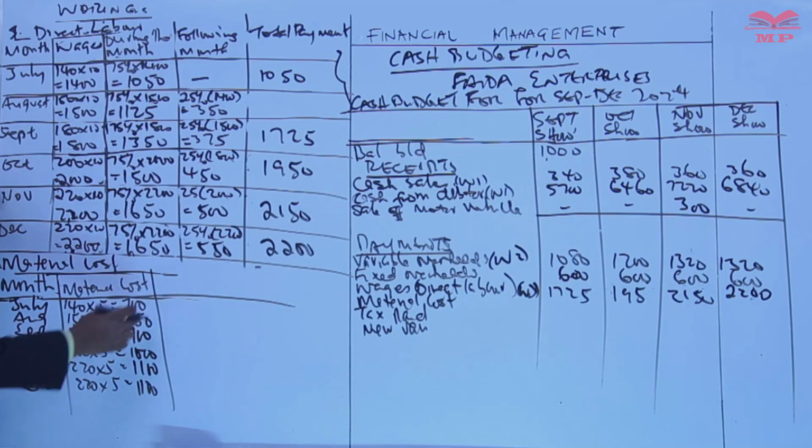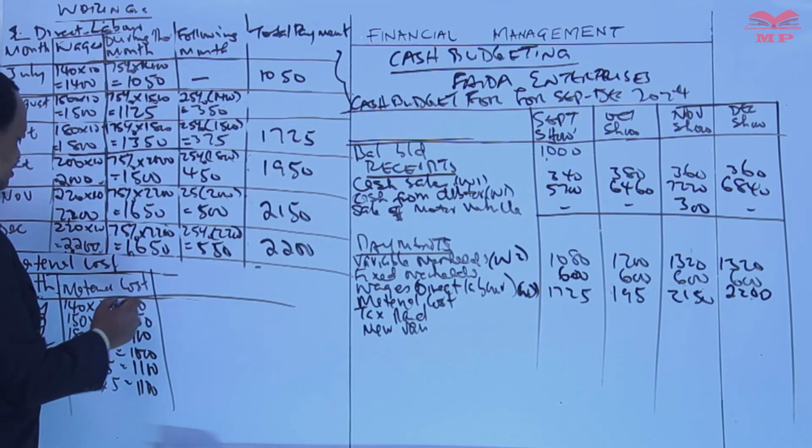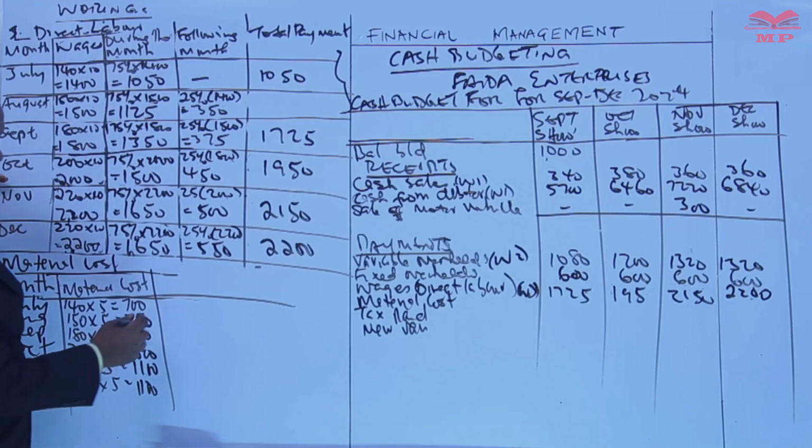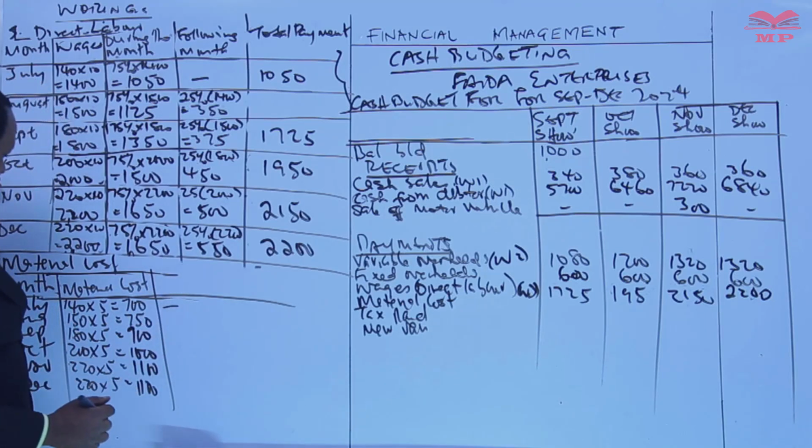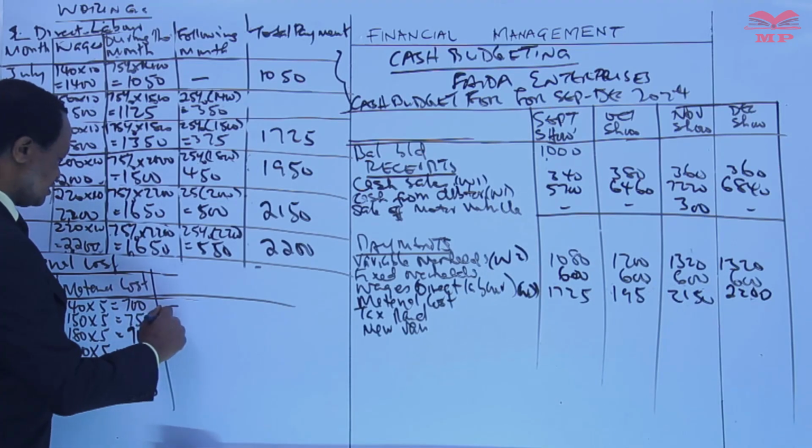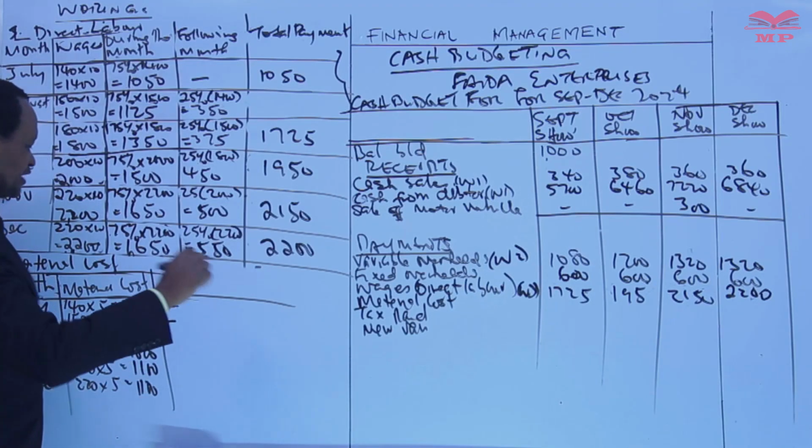These amounts are paid 2 months in arrears. That is to mean that this 700 is not paid in July. This 700 is not paid in August. It's paid after 2 months.